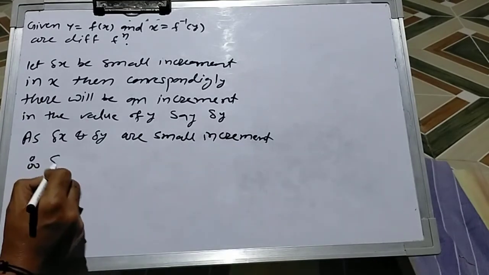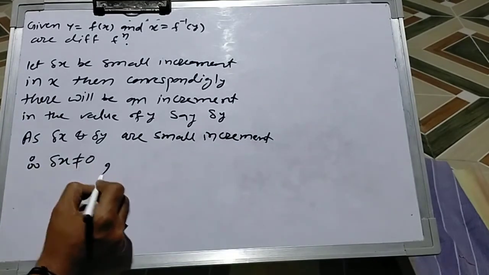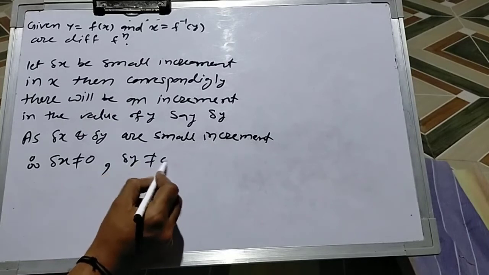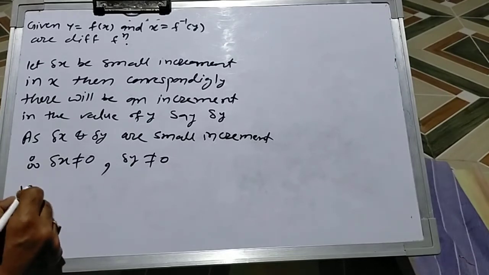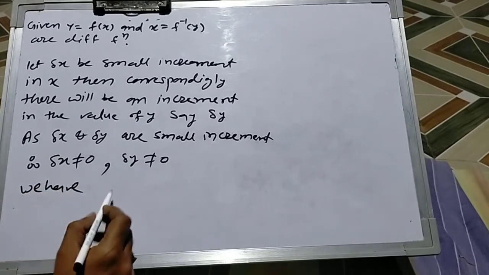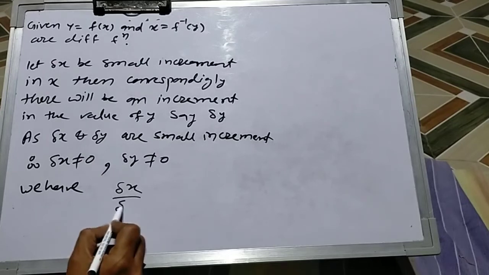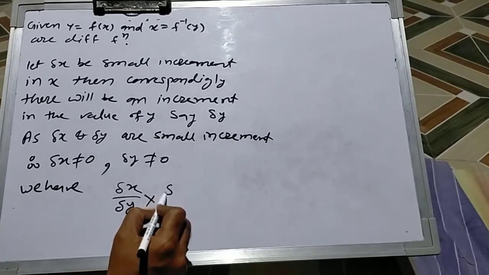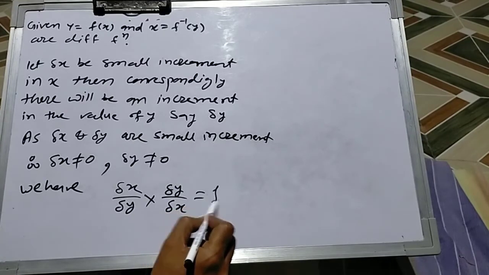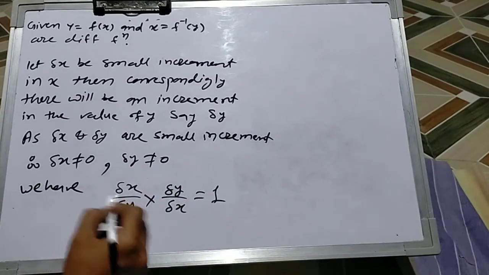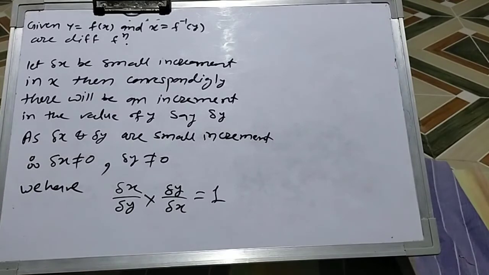Therefore delta x is not equal to 0, delta y is not equal to 0. Now we have delta x divided by delta y into delta y divided by delta x equals 1. Delta y gets cancelled.